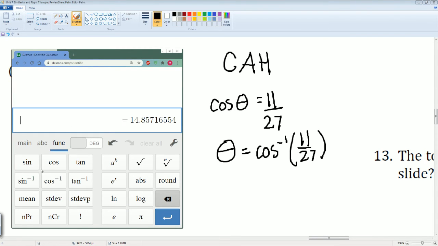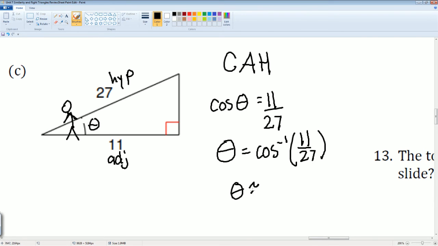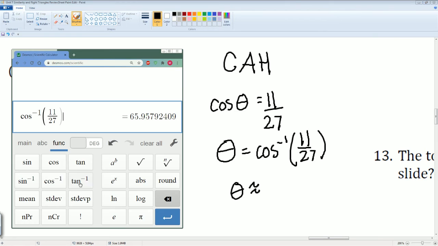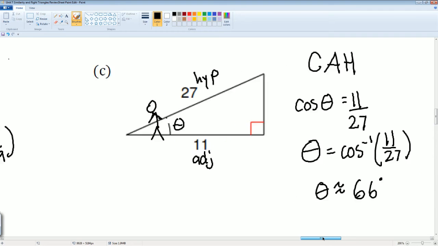We put cosine inverse 11 divided by 27. So it's 65.95. So we can say theta is roughly 66 degrees, approximately, or about.